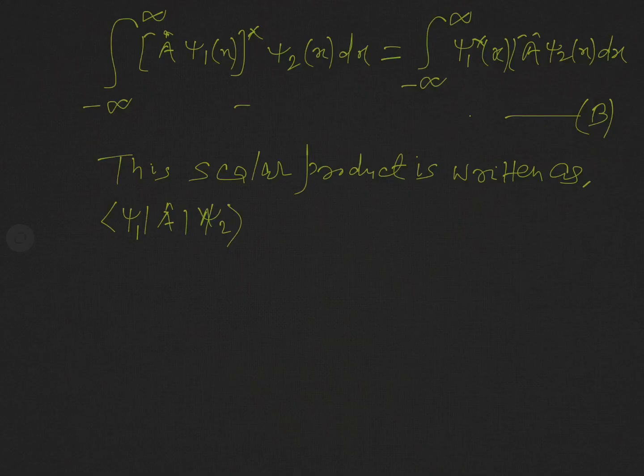In fact, the operator A is written between the two vertical lines. See here, the operator A hat is written between these two vertical lines, and on one side of A hat we have the first eigenket or eigenfunction psi1, and on the other side is the other eigenket or eigenfunction psi2. This is just a symbol to write down such a scalar product in symbolic form.